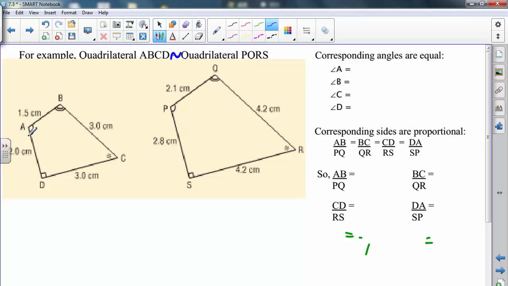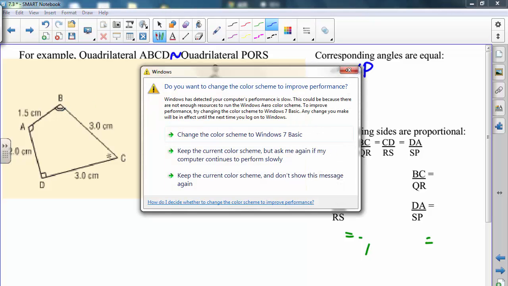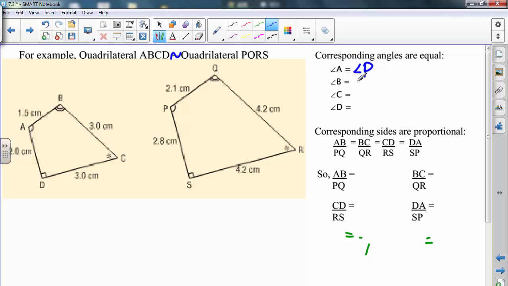Look at the symbols on the angles. Both angle A and angle P have one arc to show that these two angles are the same. So angle A corresponds to angle P, and they are equal. The same idea applies to angle B and angle Q. Based on the same symbol, angle B corresponds to angle Q, and they are equal as well.